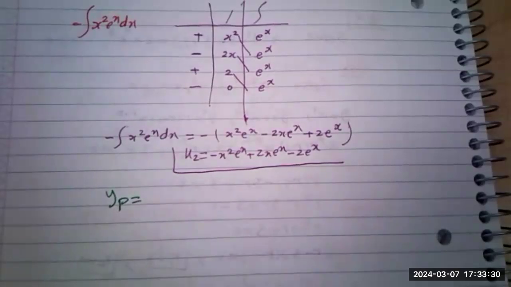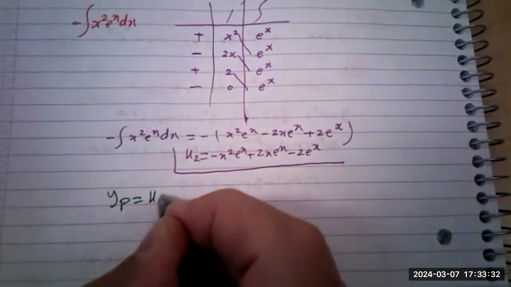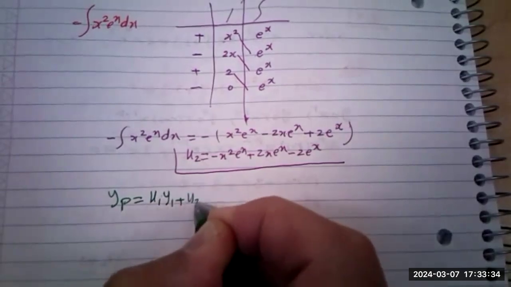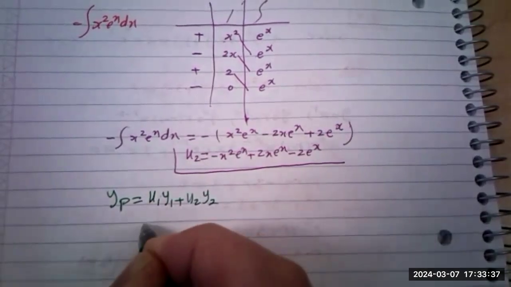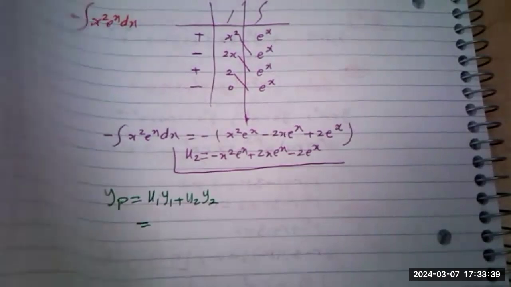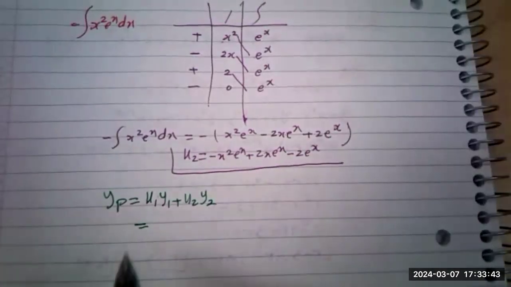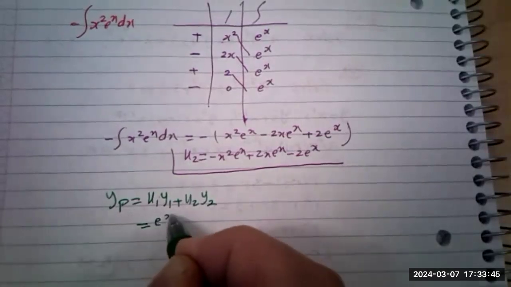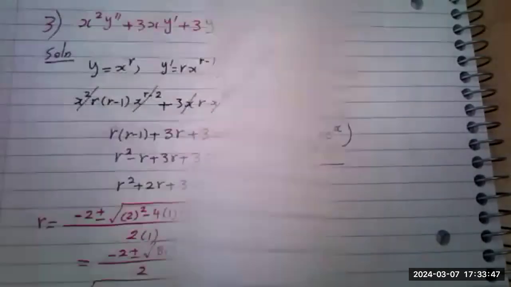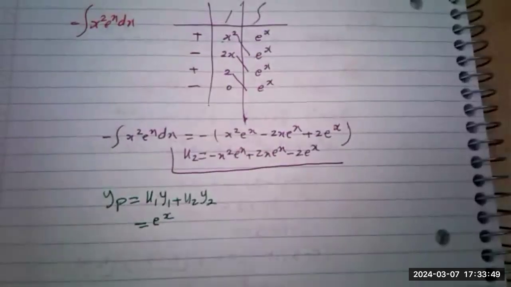So yp would be u1 times y1 plus u2 times y2. The u1 was easy, u1 is just e to the x, and y1 is x cubed.